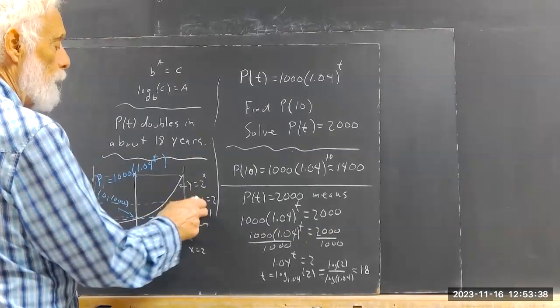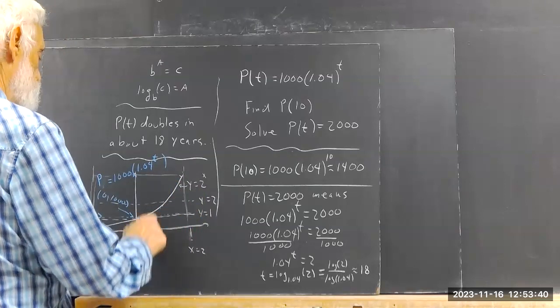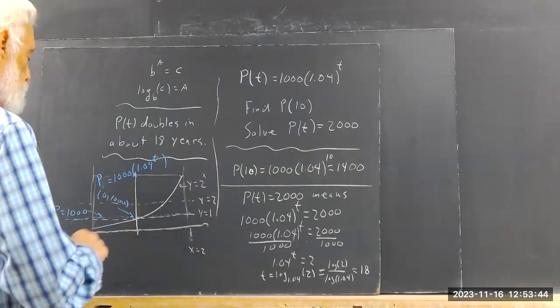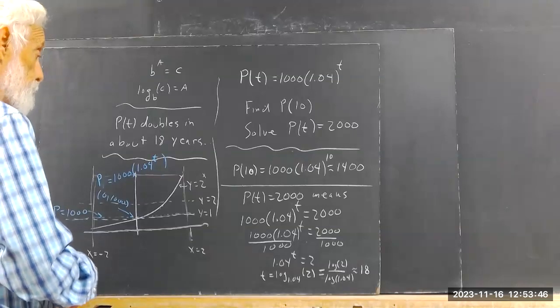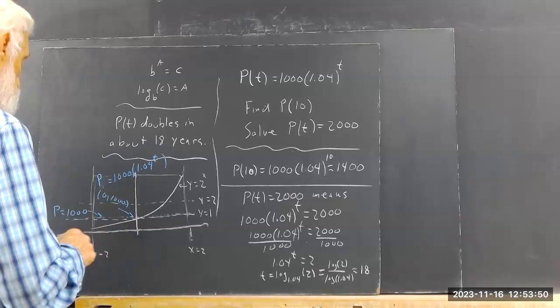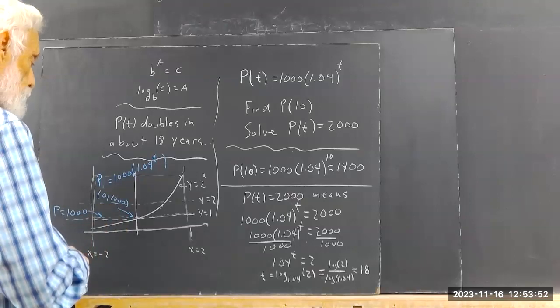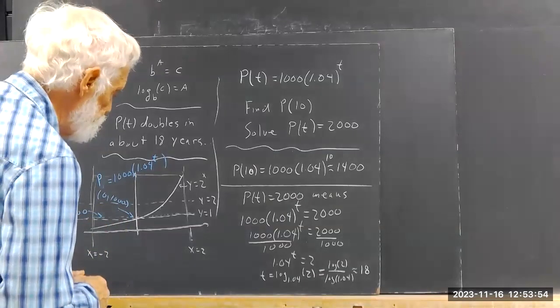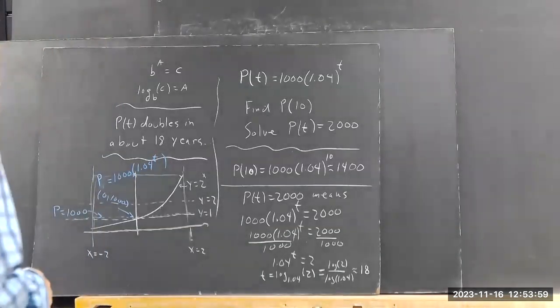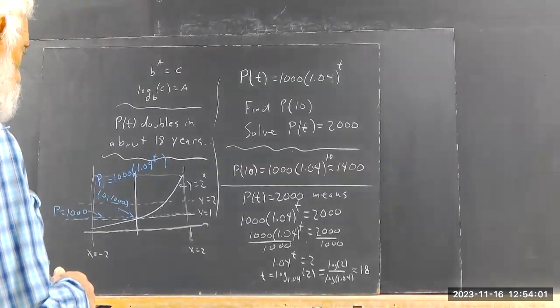Now in white, I don't want to clutter up my graph too much, but this would be the 0.01. Unfortunate, we didn't draw a very good exponential curve there.